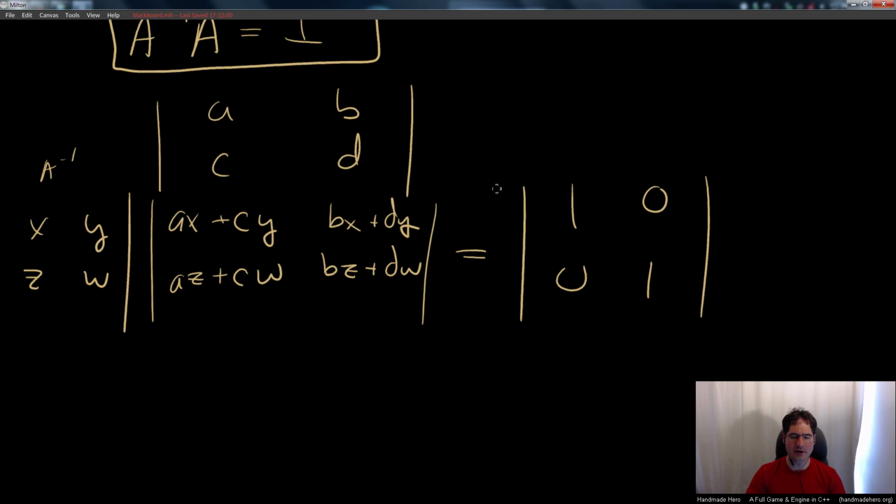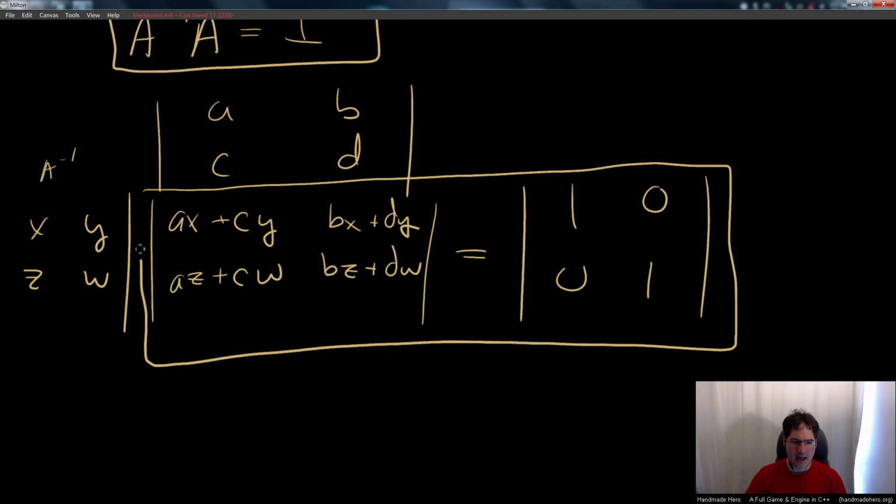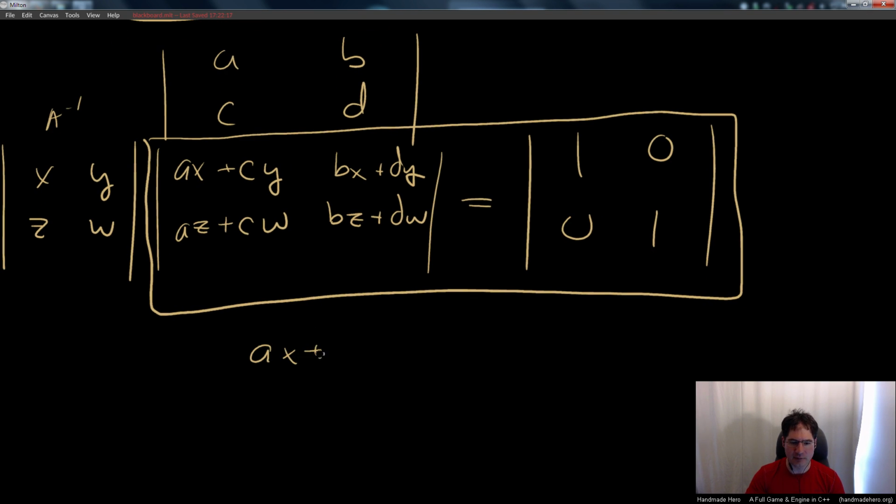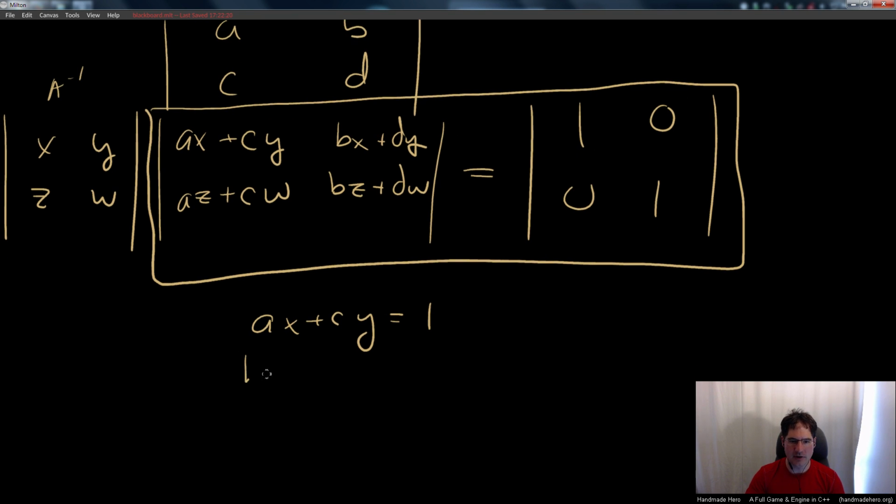And so hopefully you can see now why I say we have 4 equations, because this is what we are left with, right? And obviously, if I'm saying that this matrix is equal to this matrix, then each of their elements must be equal. So I actually know that AX plus CY equals 1, right? I know they have to be equal. I know that BX plus DY has to equal 0.